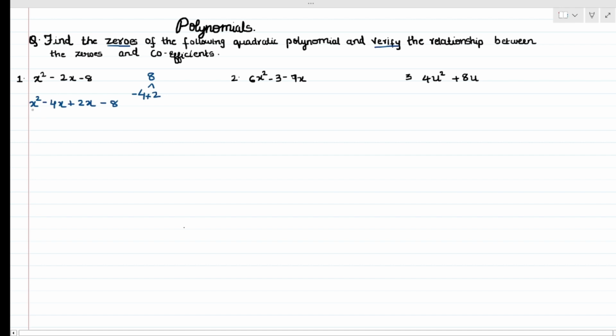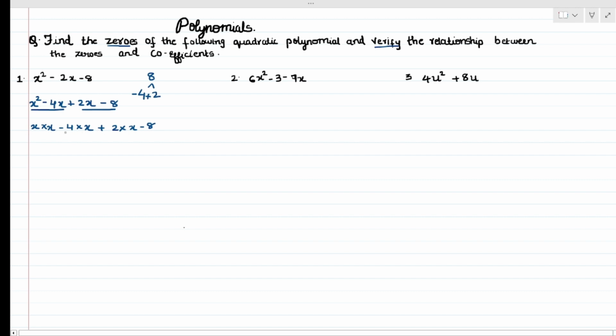Now take out the common factors. Our first two terms are a pair, and our last two terms are a pair. What is common between these terms? If I split them up, x square means x times x, minus 4 times x, plus 2 times x, minus 8. This step is not compulsory, but for your clarity, I have split them up.